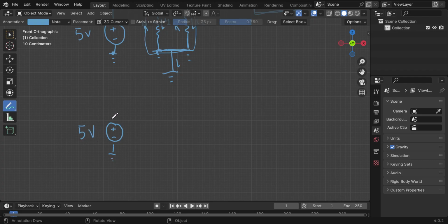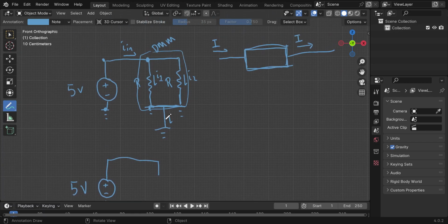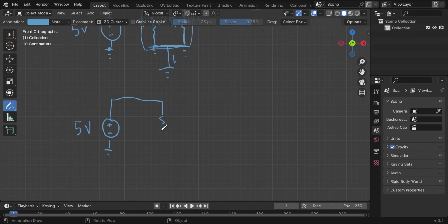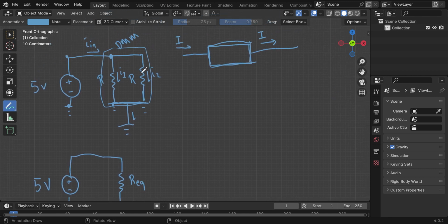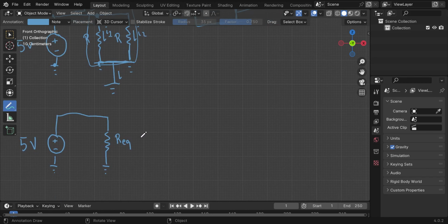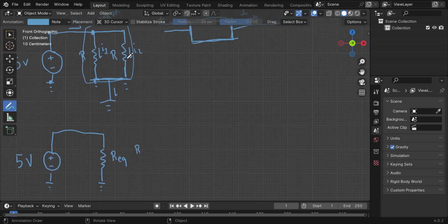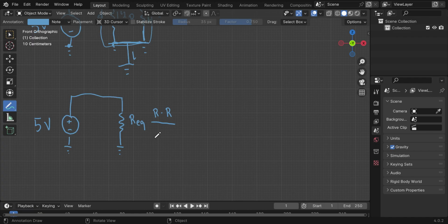If I had 5 volts, I could combine these two resistors into an equivalent resistor, and I'm going to call it RQ, and the equivalent resistance of two resistors in parallel is one resistor times the other divided by one resistor plus the other.